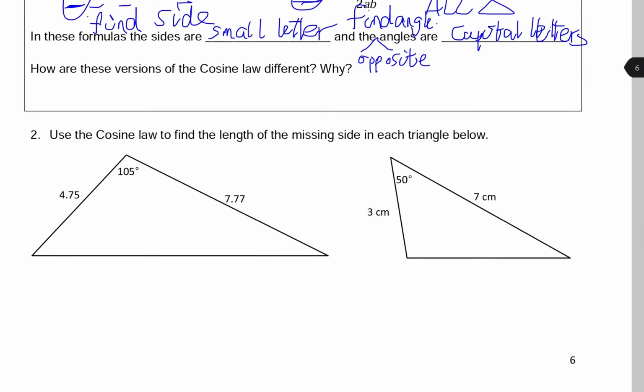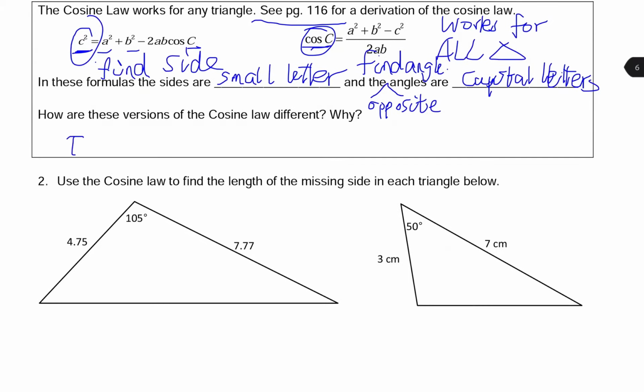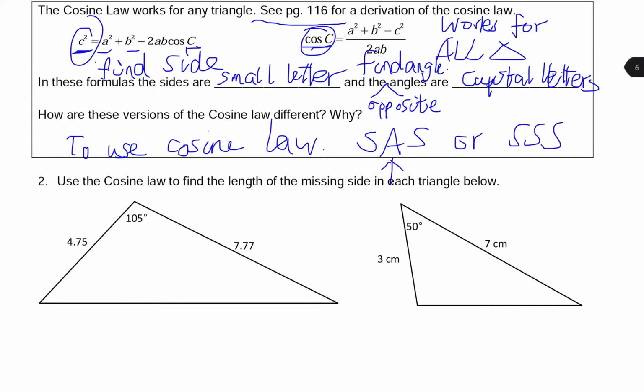So in order to use cosine law, we must be either given side, angle, side, and we're missing the opposite side of the angle in the middle, or given three sides and we don't know any of the angles.